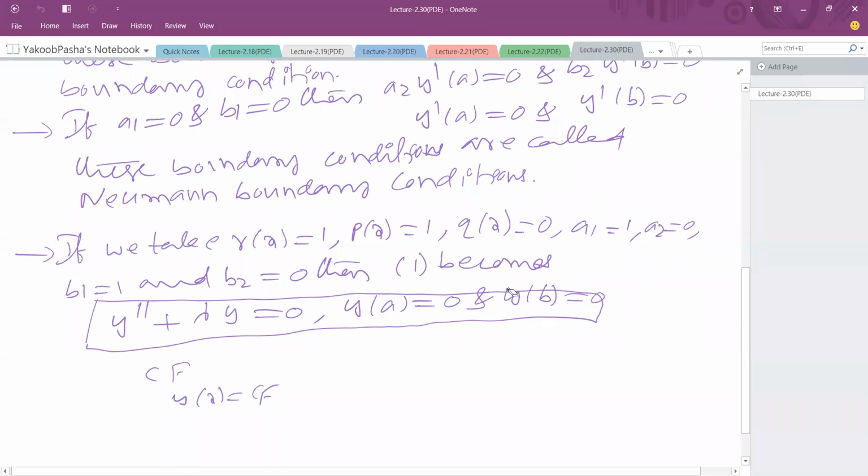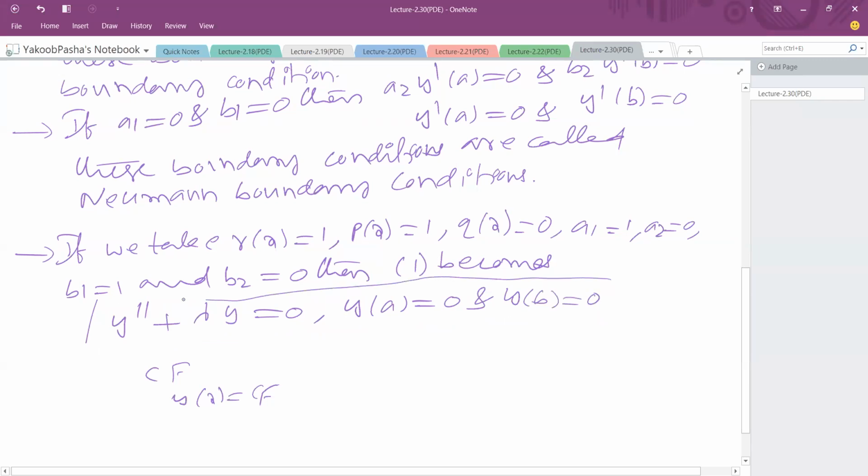We find them by using these two boundary conditions: y of b is equal to 0, one boundary condition, and y of a is equal to 0, another boundary condition. The values of lambda are called eigenvalues of the SLP, and the solution functions of the differential equation are called eigenfunctions of the SLP.